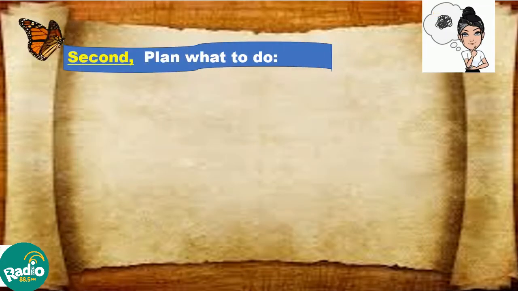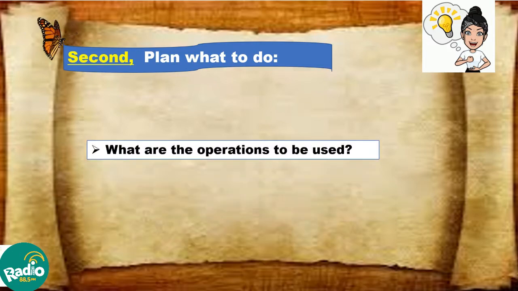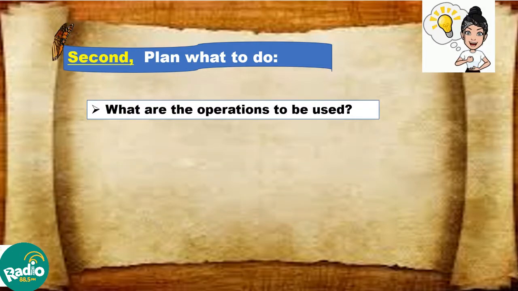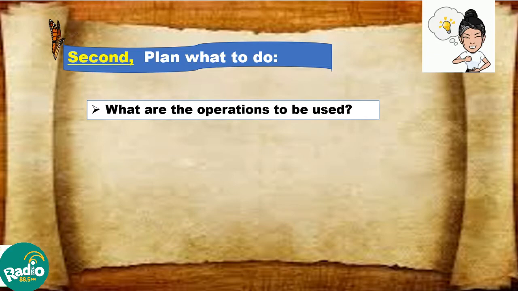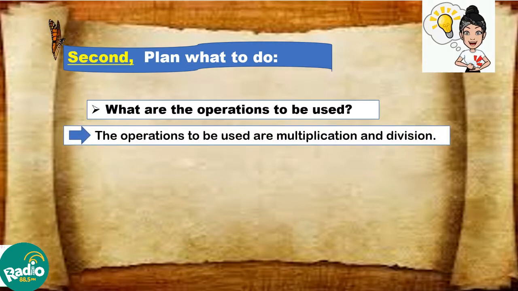Second, let us plan what to do. So what are the operations to be used? Awesome! The operations to be used are multiplication and division. Multiplication is used in finding the total number of eggs harvested.